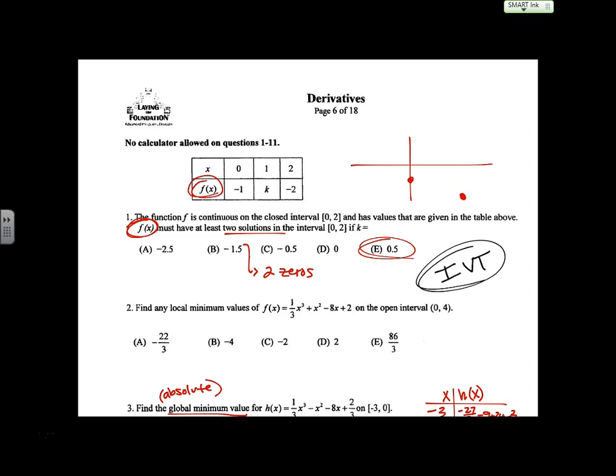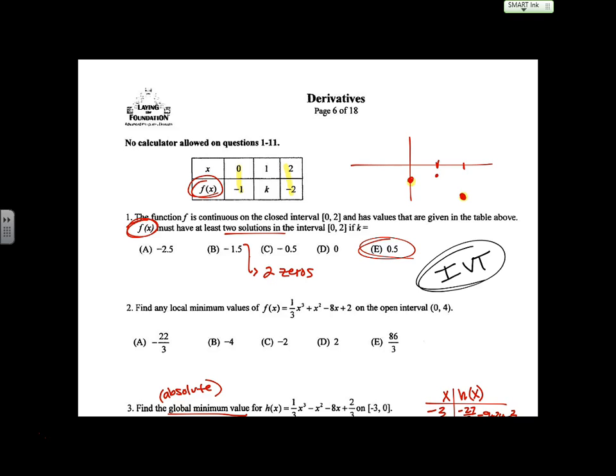I graphed the points for period 6 yesterday, literally the 2 points in the table that we knew, this one and that one. They were asking what value of k at x equals 2. Where must k be in order to make the continuous function go through the x-axis twice, have 2 zeros?